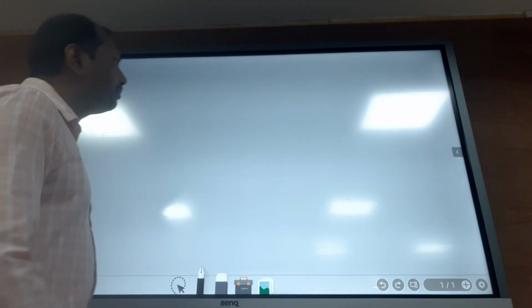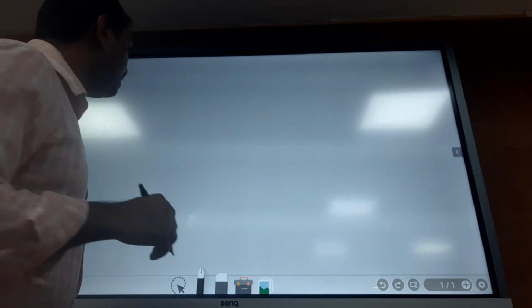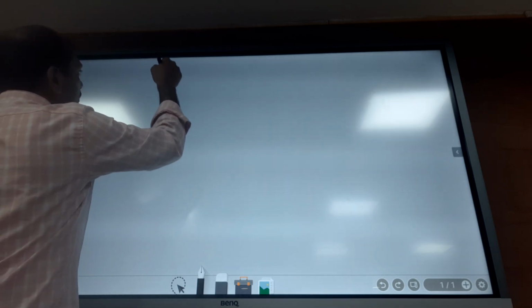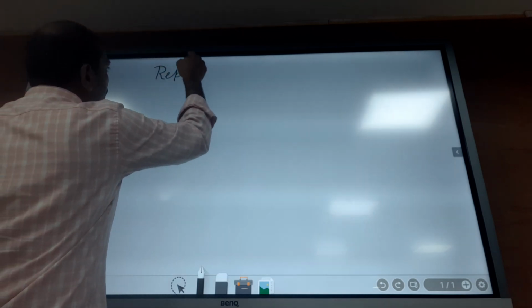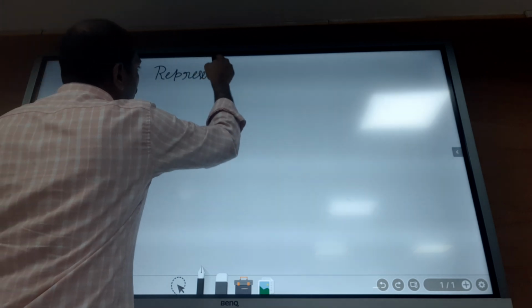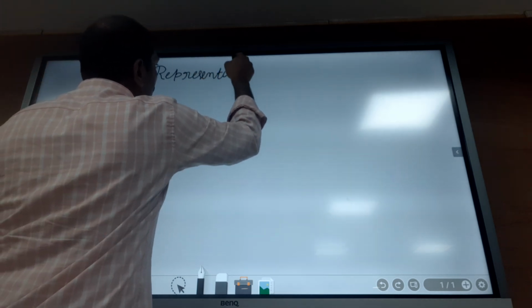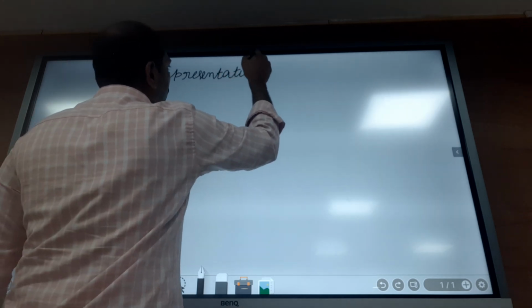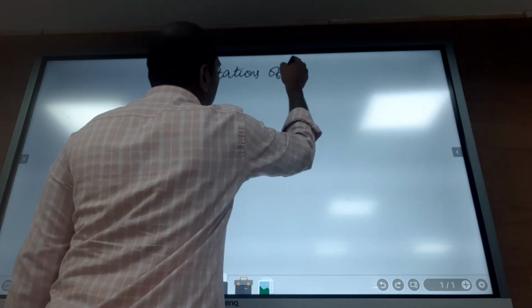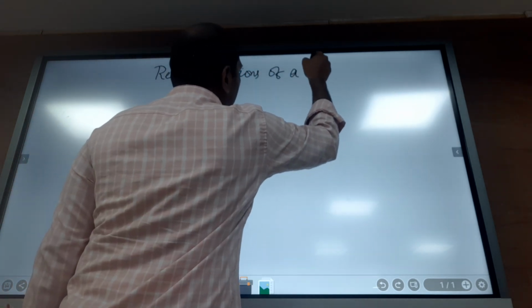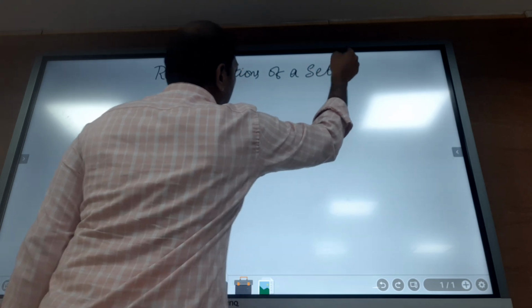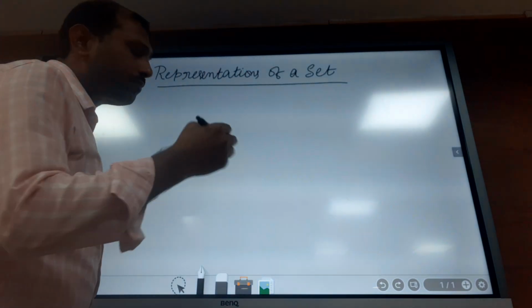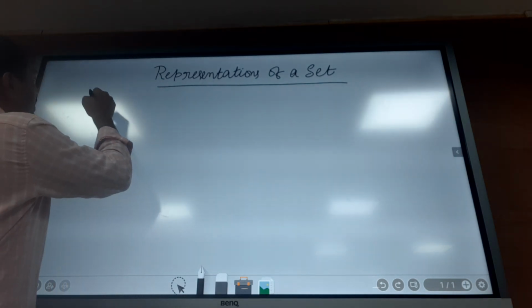Now the thing is how we represent a set, the representation of a set.